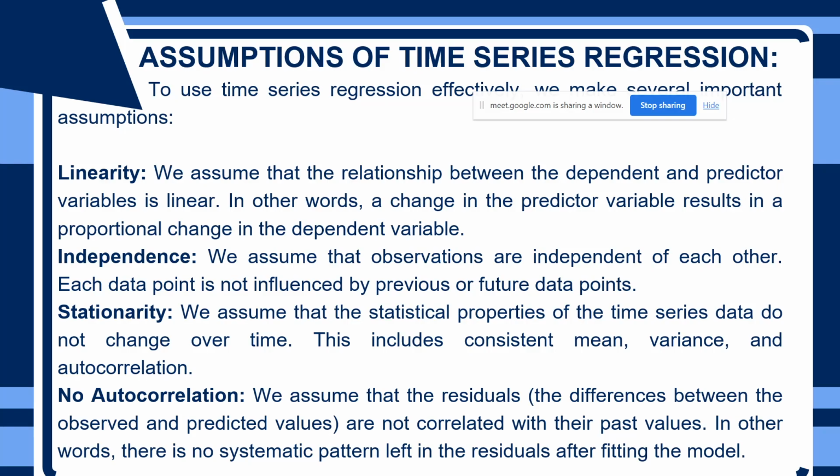When you make a prediction using a model, there's often a difference between what you predicted and what actually happened. Autocorrelation checks whether these prediction errors are related to each other. If there's a pattern in these errors, like consistently underestimating or overestimating, that suggests there's more information to be captured by the model.